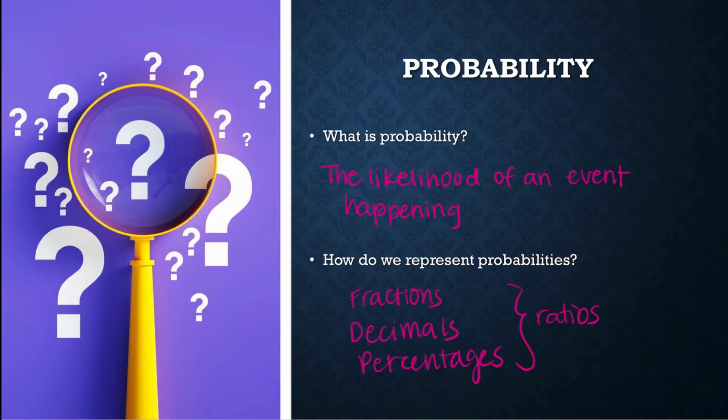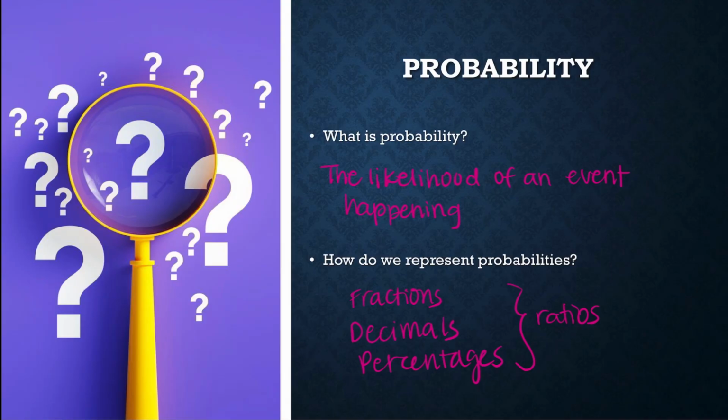Honestly, I've seen all of these used, and I've seen all of them for each student that I've taught, depending on the question. The easiest thing to make is probably a fraction, because that's the first thing you make, because you want to be able to write down that ratio. But then when we're interpreting what that probability means, it's easier to see that out of 100, which makes it more of a decimal or percentage thing.